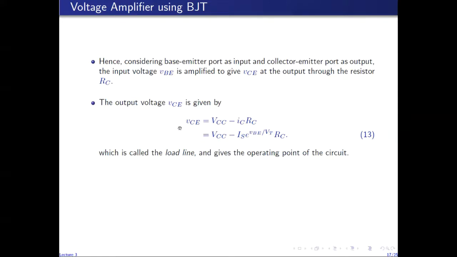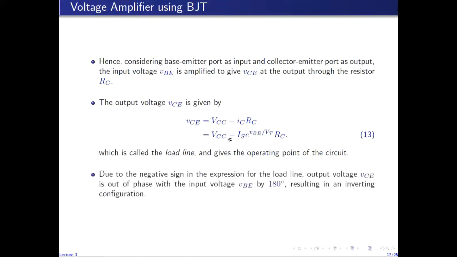through this load line. And this load line basically gives the operating point of the circuit, because the operating voltage VCE will always satisfy this equation. So the load line will always give the operating point of the circuit. Please note this negative sign in the load line. Because of this negative sign, the output voltage will be completely out of phase with respect to the input voltage.